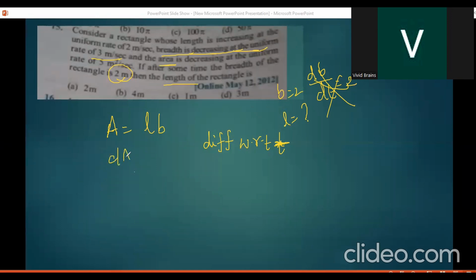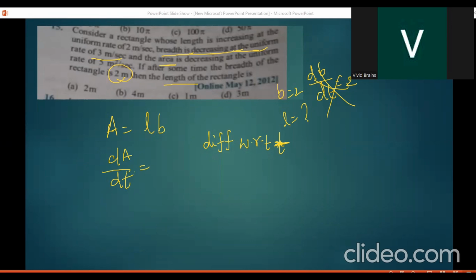So dA by dt is equal to, how do I write this one? How do I differentiate this? Here we have two variables. What are our two variables?